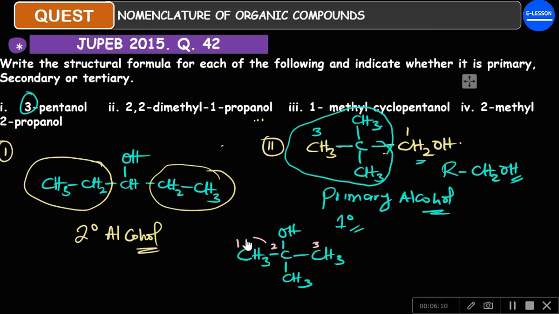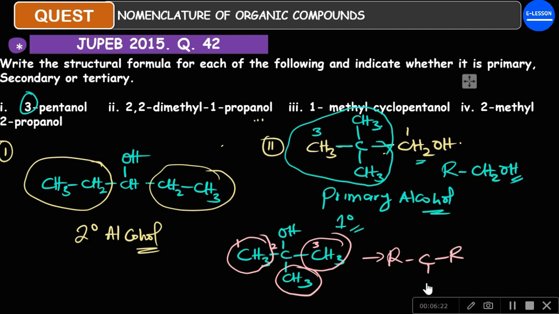This is one alkyl group, another alkyl group, and another alkyl group. So 2-methyl-2-propanol has how many alkyl groups? 3 alkyl groups attached to this carbon here, and here is OH. Whenever an alcohol has 3 alkyl groups surrounding the carbon carrying the OH, you call it a tertiary alcohol or a 3-degree alcohol.